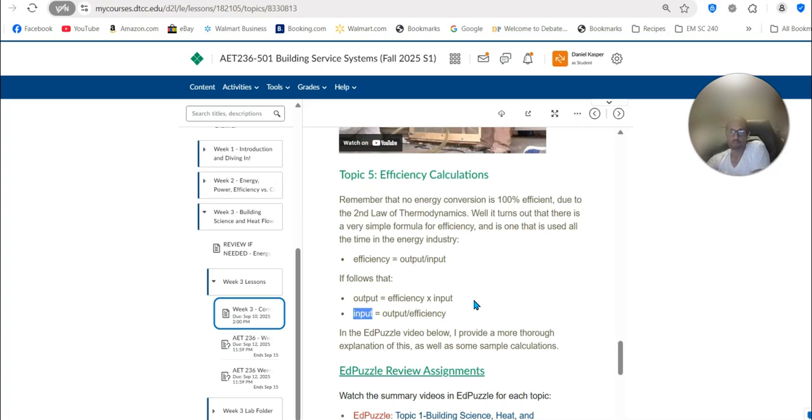Do I install a higher efficiency furnace? Do I maybe install a high efficiency heat pump? And so forth. And so this is really fundamental to building design because you design and install this HVAC system.